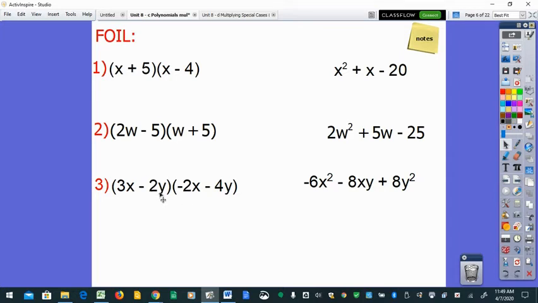It doesn't matter whether it's yx or xy. The commutative property of multiplication puts those together. So again, we had a negative 12xy on the outer and a positive 4xy on the inner. And when we add those together, we get negative 8xy. And then a negative times a negative will give us a positive 8y squared.